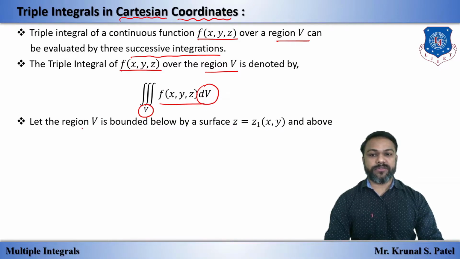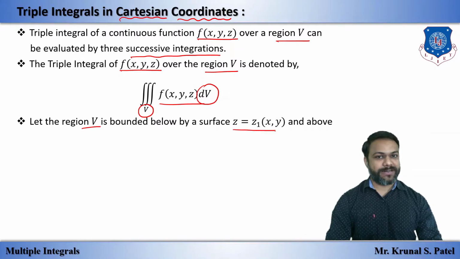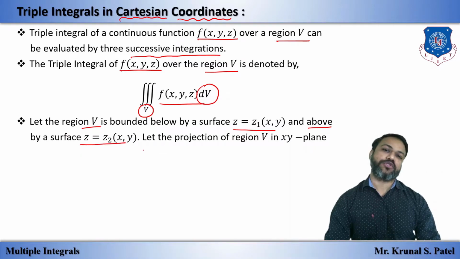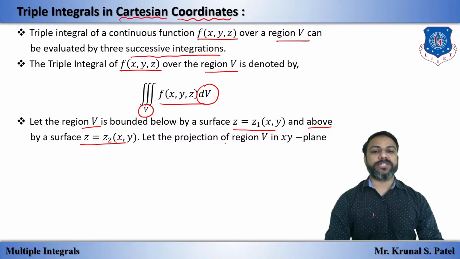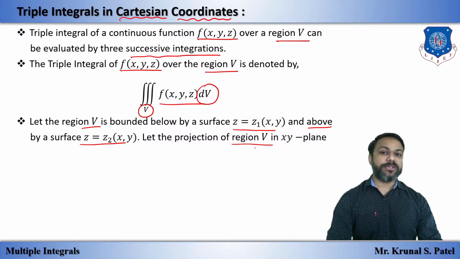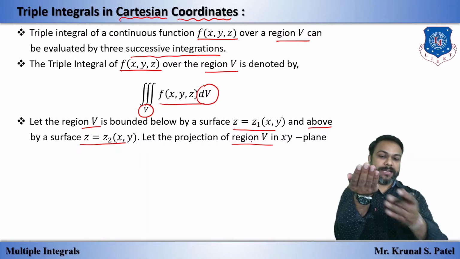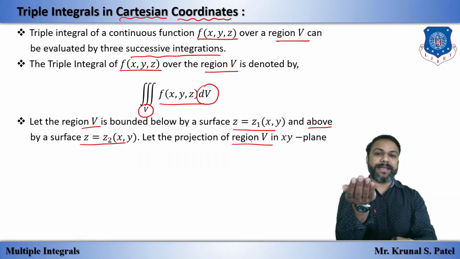So let region V be bounded below by the surface z is equal to z1 of x comma y and above by the surface z is equal to z2 of x comma y. Let the projection of V. What is the projection? We know that if this is any surface, its projection is in the xy plane.